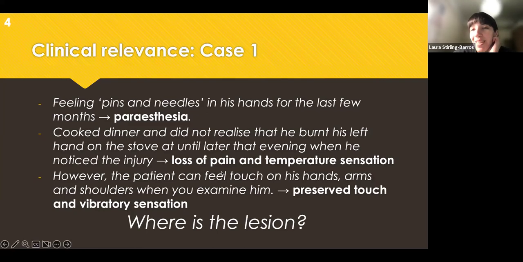So, yes, excellent. The anterolateral system has been wiped out here. So just try to think about the anatomy of the spine. We know where the anterolateral system is, but why is it that it's only that one and not the touch?